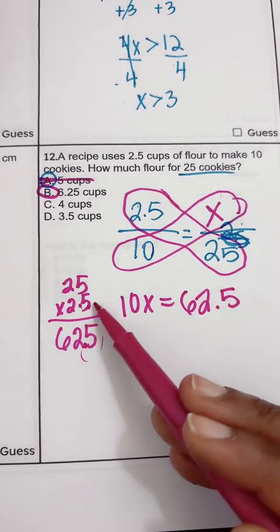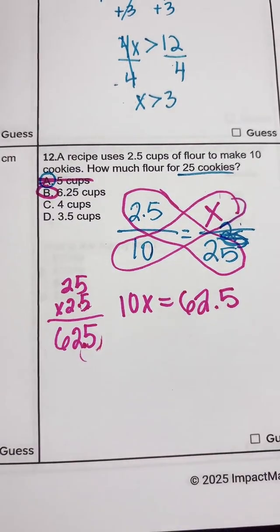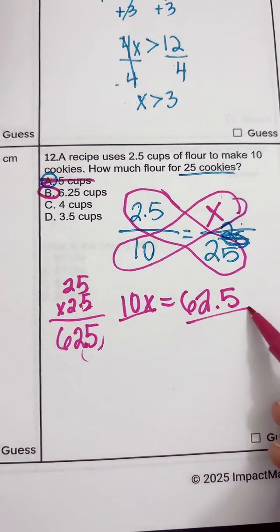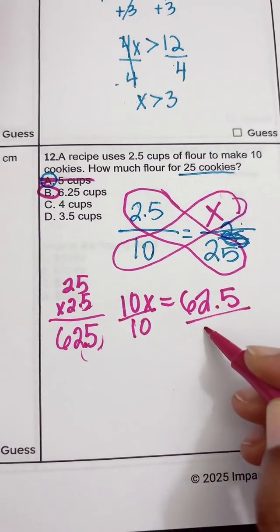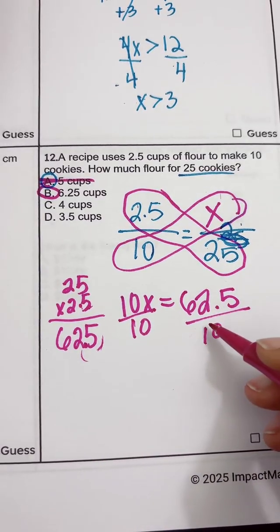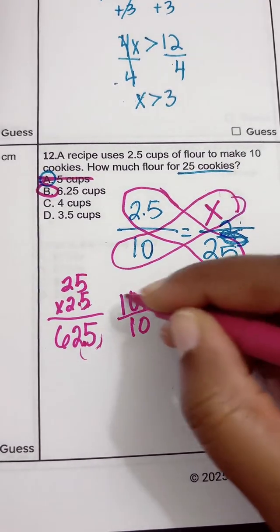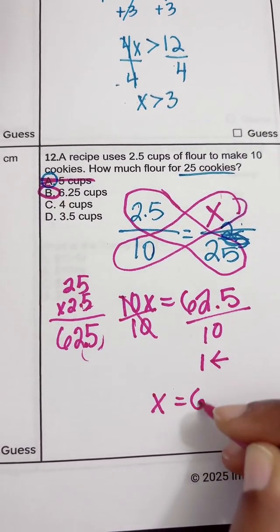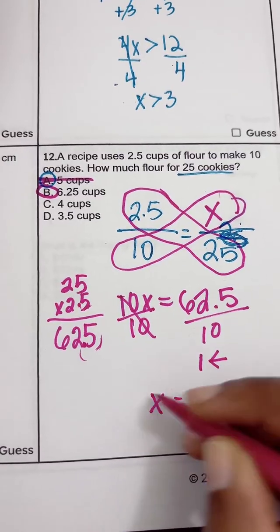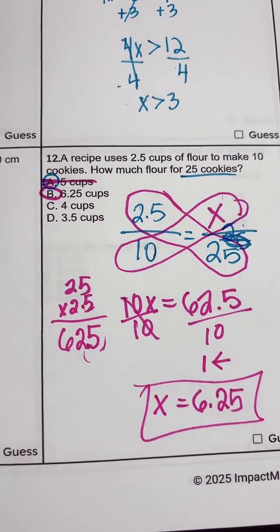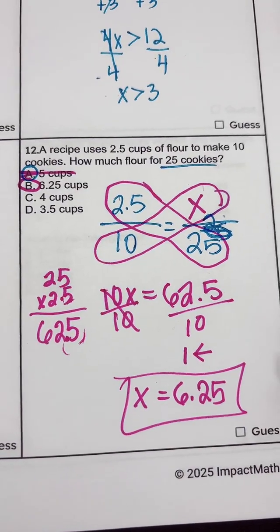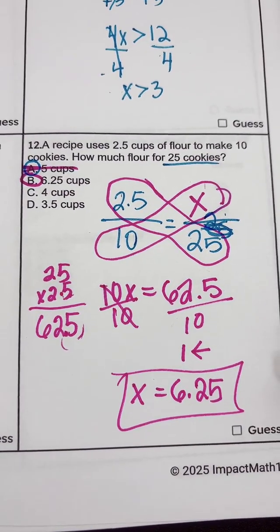Good, because it's only one digit. Okay, perfect. Now we're going to divide by the 10. Remember, whenever you divide by a 10, you move it one more place to the left. So that's why we're getting 6.25. And yes, B is our beautiful answer. So good. Okay, let's keep it pushing.